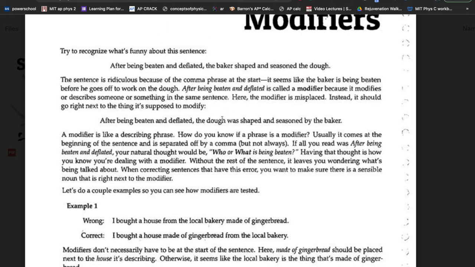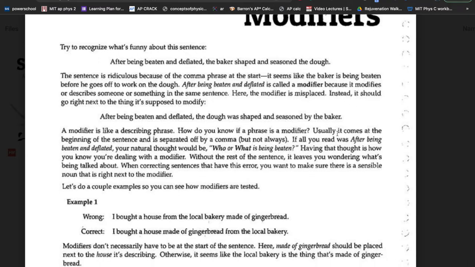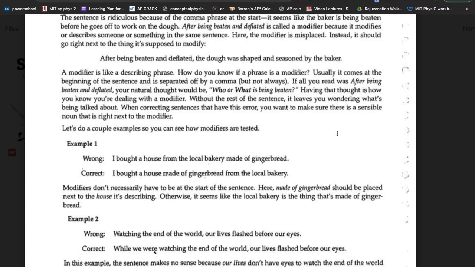So you've got to put the dough after that description. After being beaten and deflated, the dough was shaped and seasoned by the baker. Who shaped and seasoned? The baker, who beat and deflated the dough. That's how you would structure it so the sentence makes more sense.